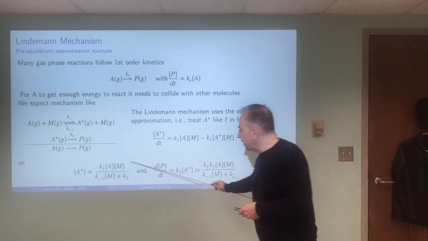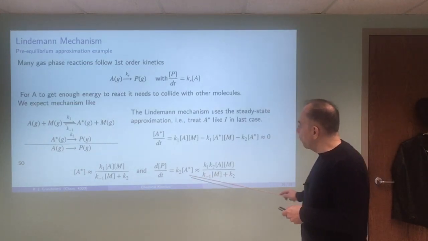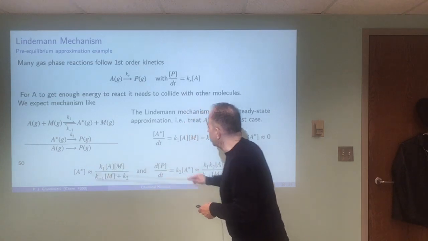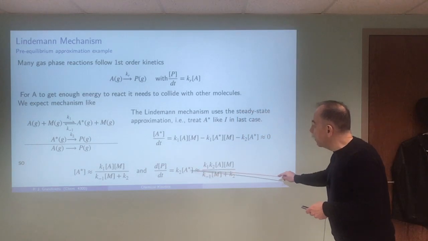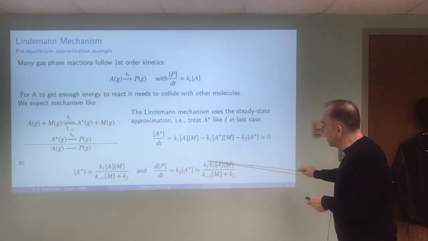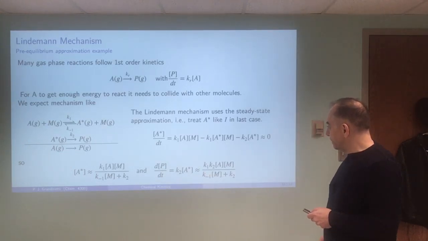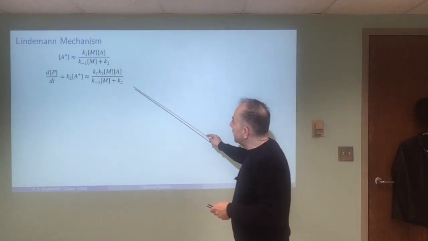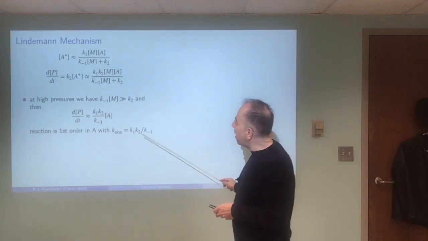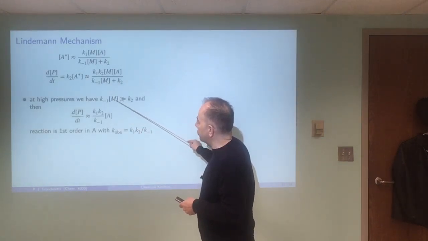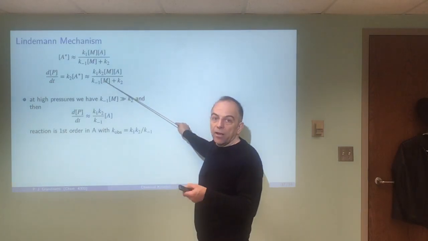With that definition, we can solve for the steady state concentration of A*, and then we can write down the rate law for the formation of the product, which is k2 times A* from this expression here, substitute in our steady state approximation, and we get this equation for the rate of the product formation. Now, if I take that equation that I just did, make this substitution here with the steady state, what we find is that at high enough pressures, then this term in the denominator is the concentration of the molecule that it's colliding with.